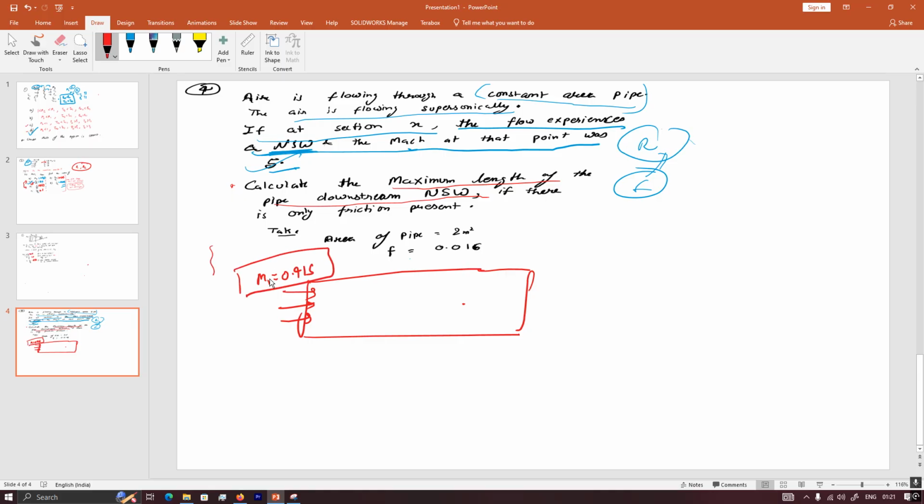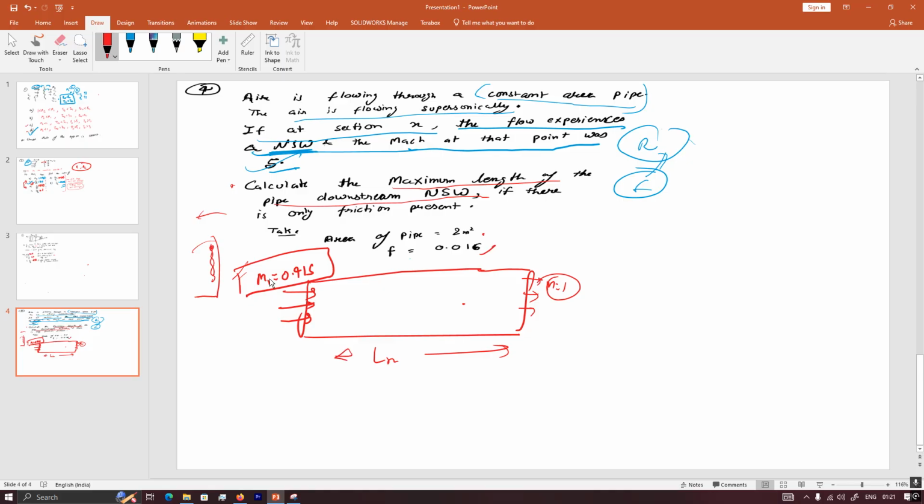This is the story after the normal shock wave, because what is present upstream of it we don't need. Here we have M1, and this is your L max. So L max we have to calculate.